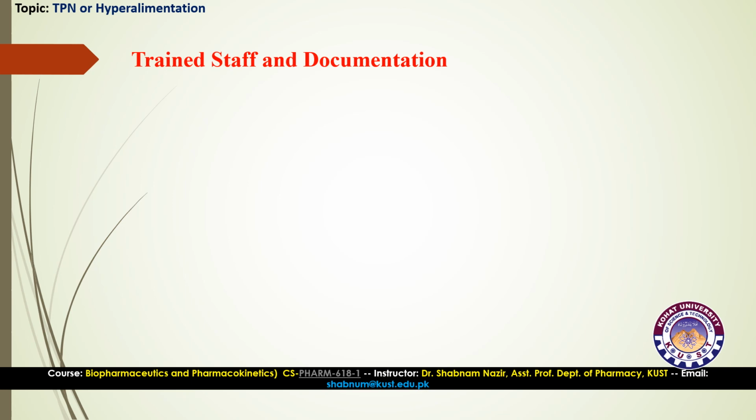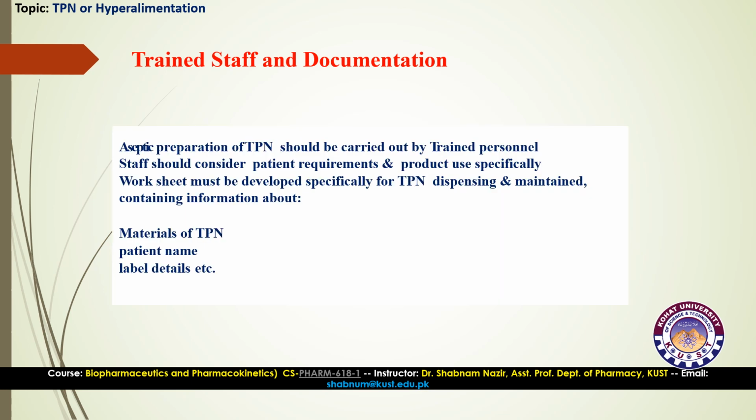Trained staff and documentation is required. As we just talked, pharmacists must be trained, and they must be trained in the patient-based requirements assessments and in the product used later on specifically by the patients.